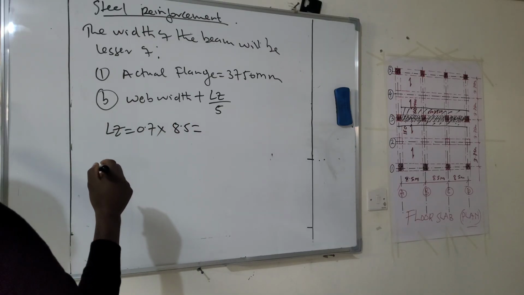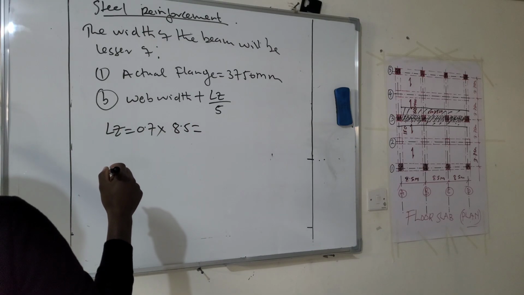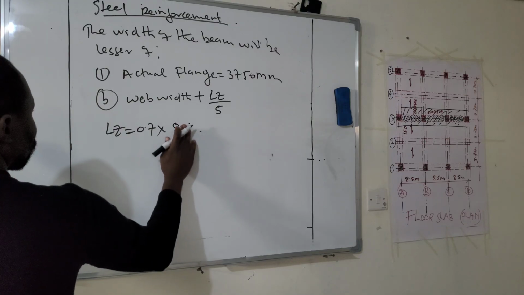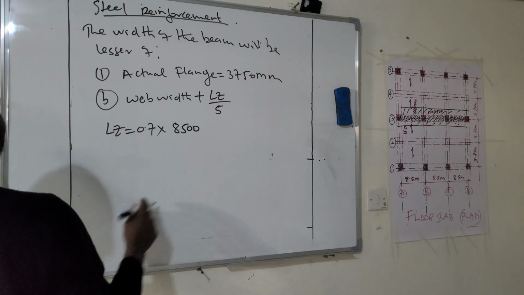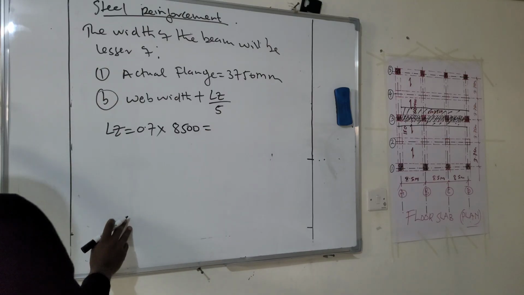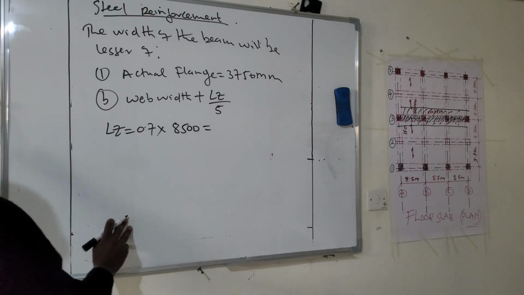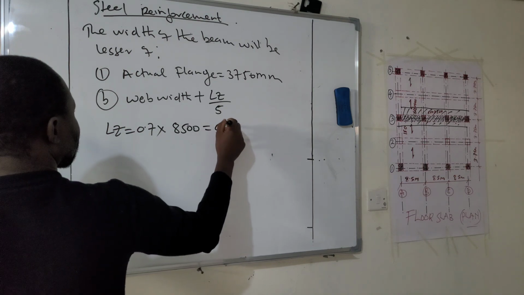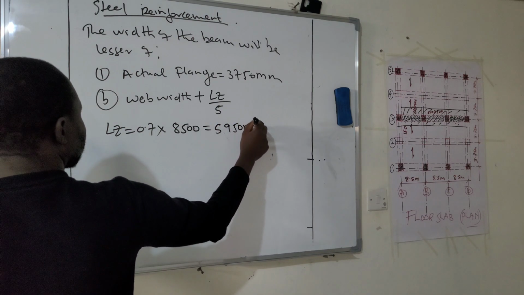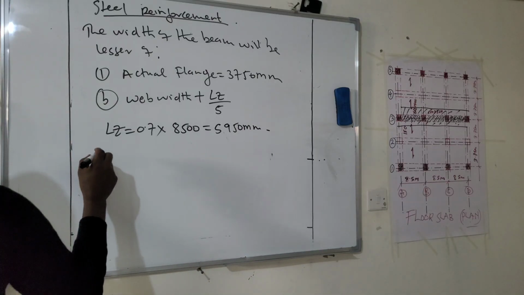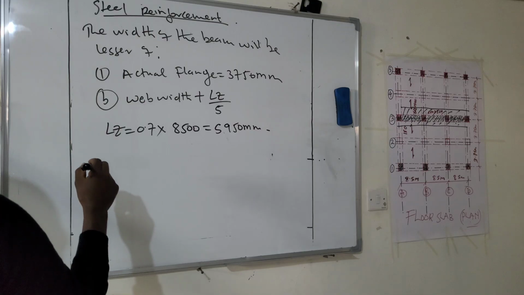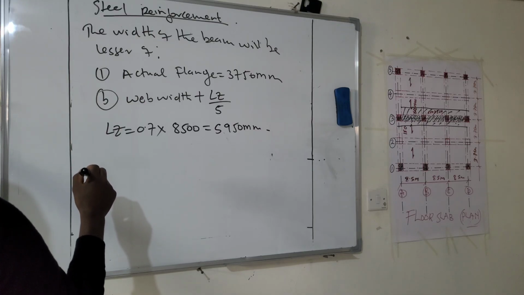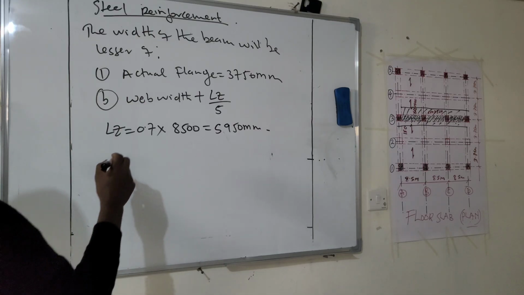So this one, changing to millimeter, 8500 times 0.7 is equal to 5950 millimeter. So therefore, web width is 300.